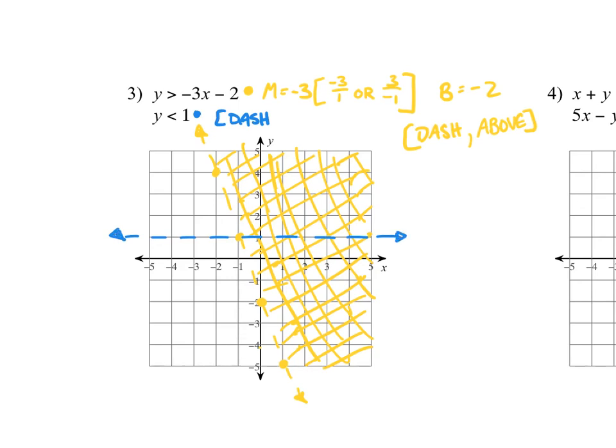Okay? Now, it says y is less than 1. So are we going to shade above or below? Below. Okay, now, I'm going to do this one like I had told you that I typically like to do them, right? I'm shading below, correct?